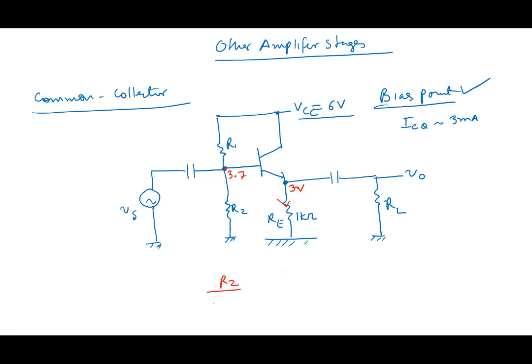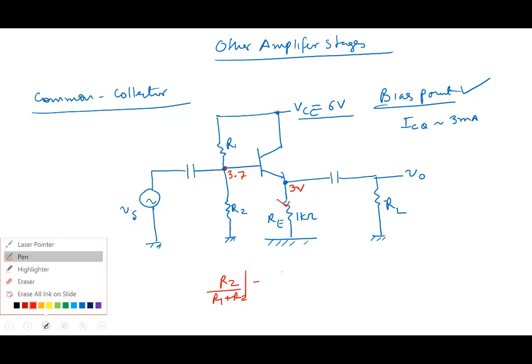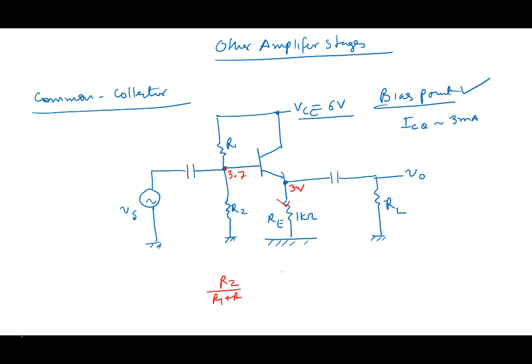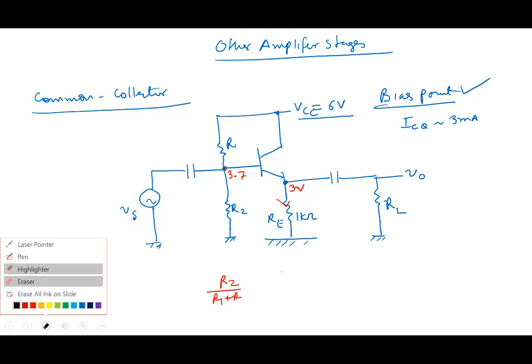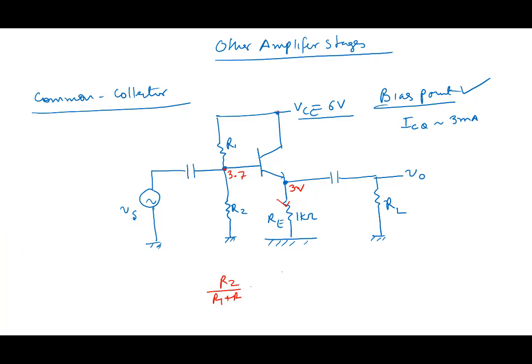And we want R2 by R1 plus R2 equal to 3.7 by 6, right? So that gives you one constraint in the design, because this is the voltage divider.